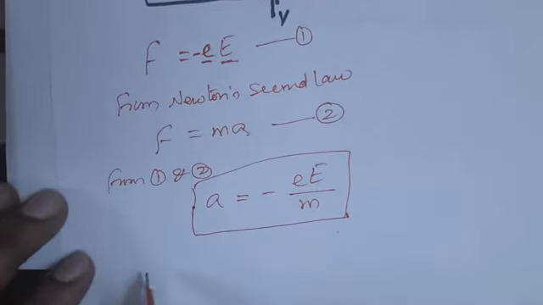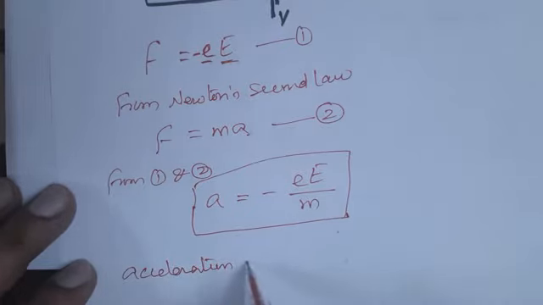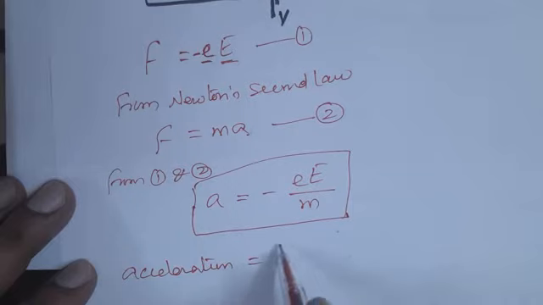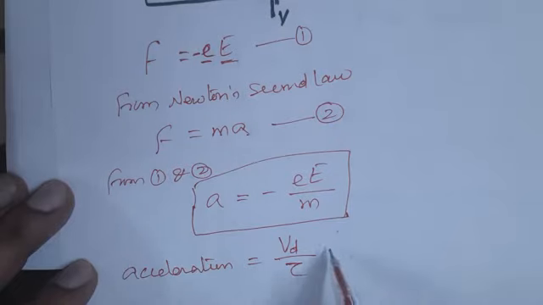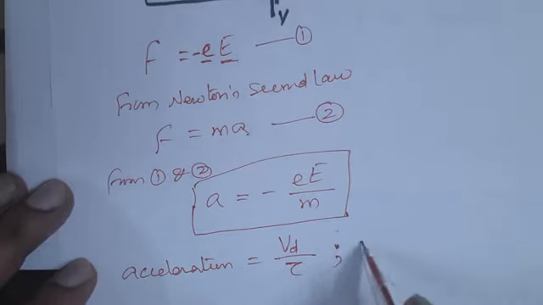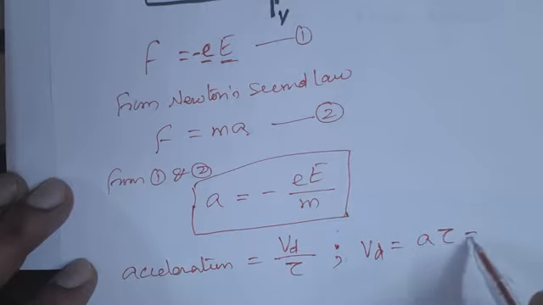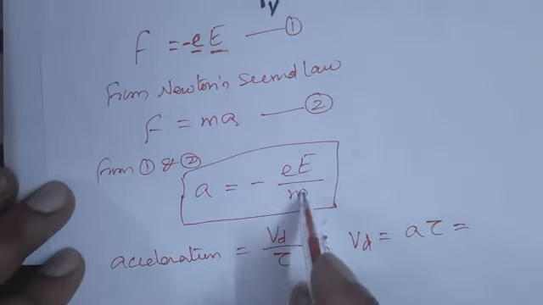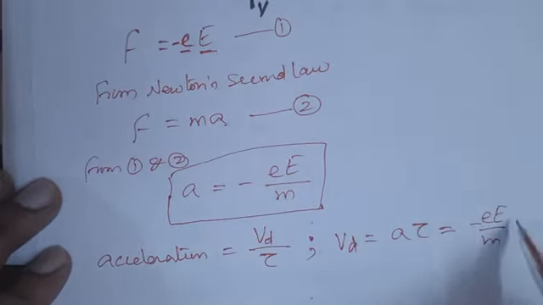Now another formula for acceleration. What is acceleration? Acceleration is the rate of change of velocity. So velocity, which we treat here as drift velocity, divided by the average time taken by the electrons, tau. So Vd can be related to a into time taken, which is equal to, substituting the value of a, which is minus eE by m, into tau.